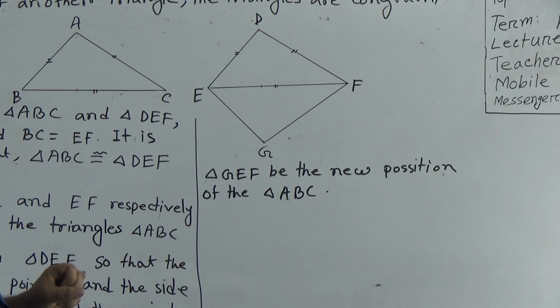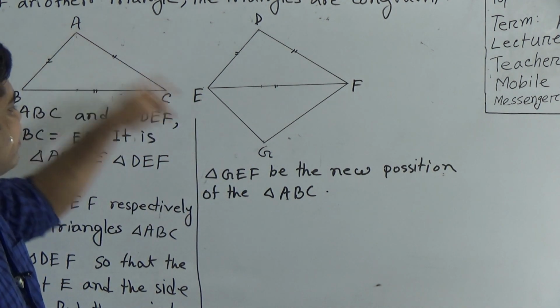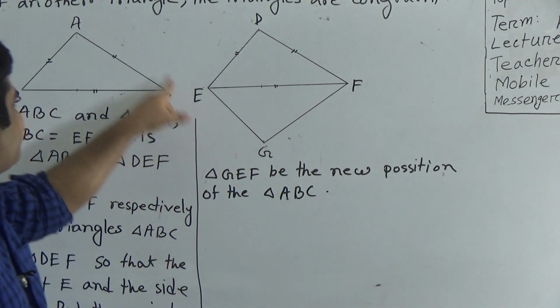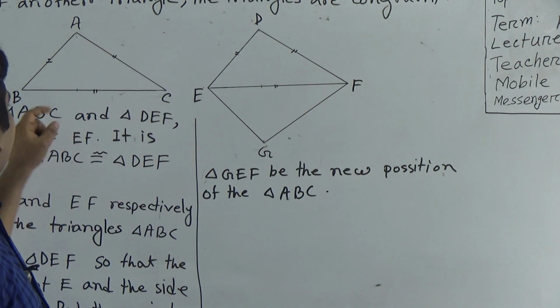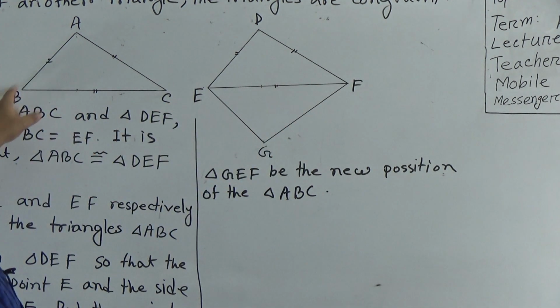And in this triangle we notice GE equal to BA, FG equal to CA, and angle EGF equal to angle BAC.